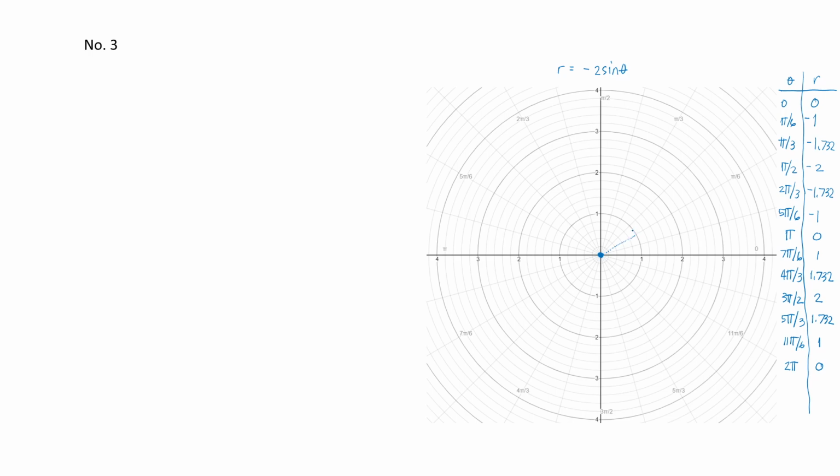Since it's 1. But since it's -1, this is not our point, but you have to go to the opposite direction of pi over 6, which is on the other side, since it's negative. So still on the same line of sight of pi over 6, but it's on the opposite end since it's -1. So meaning our first point is in this location.